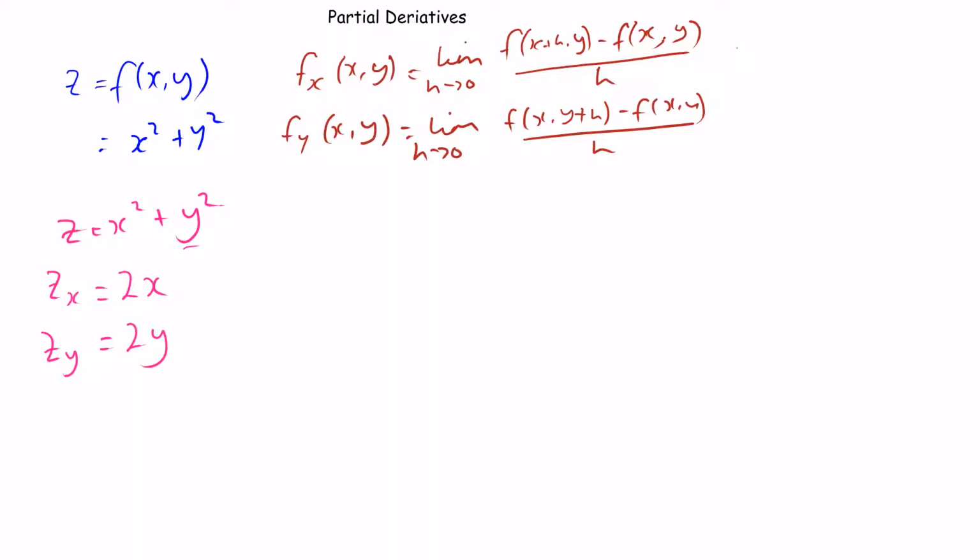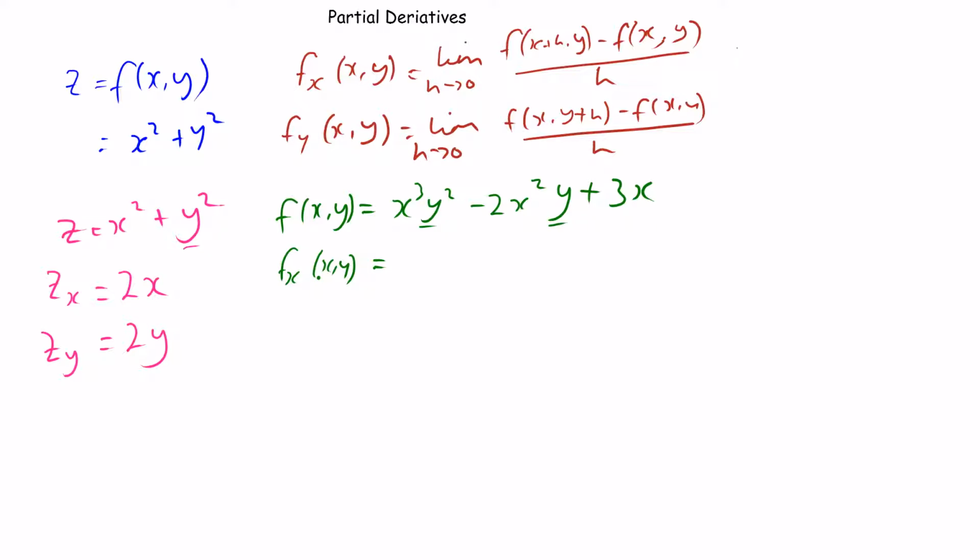What about something a little bit more complicated? Say our f of x, y is equal to x cubed y squared minus 2x squared y plus 3x. Here, if we're going to find the derivative with respect to x, then y is going to be a constant, so y squared is going to be a constant.